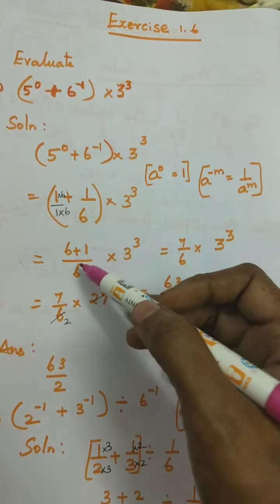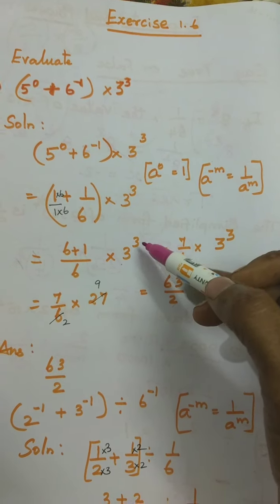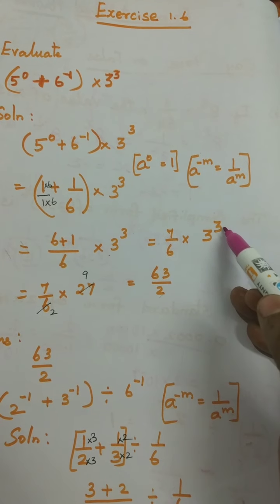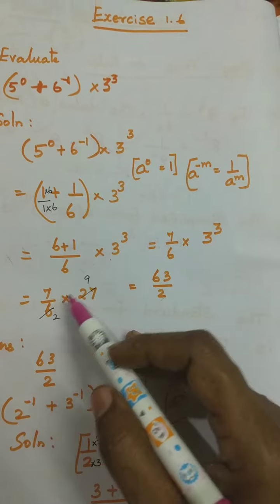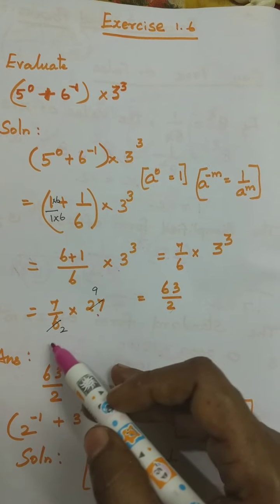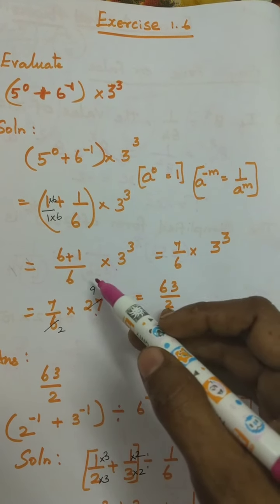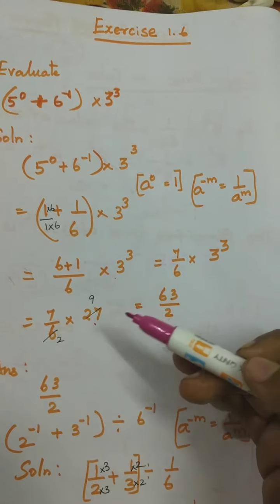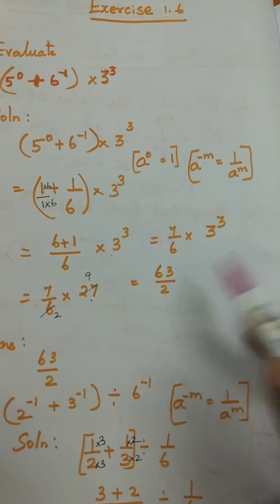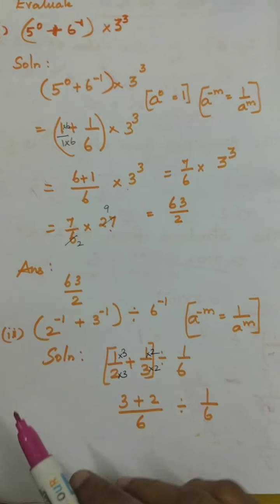So 6 plus 1 divided by 6 into 3 power 3. That is 6 plus 1, 7 by 6 into 3 power 3. Now 3 power 3 is 27. Then 7 by 6, 6 and 27 can cancel. 3 2s are 6 and 9 3s are 27. So 7 9s are 63 divided by 2. This is the answer. The answer is 63 by 2.